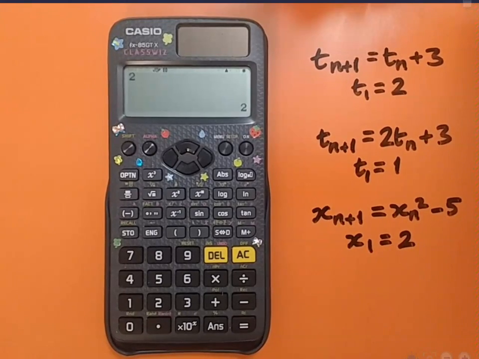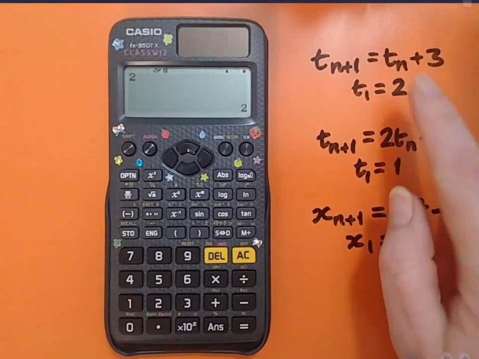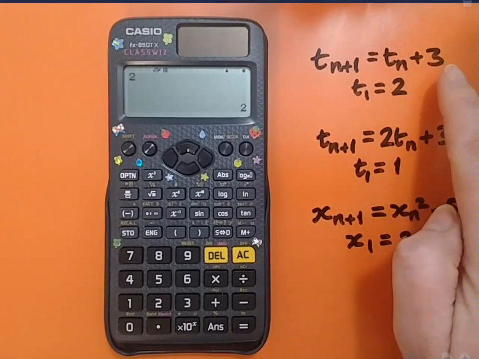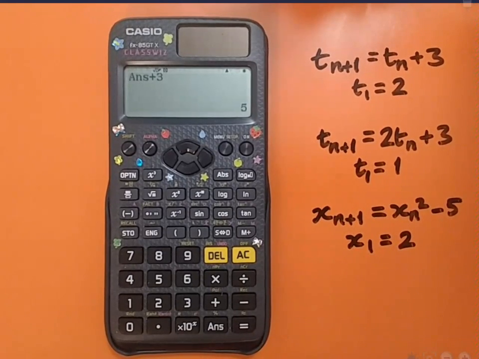And then when we press ans, it's going to call up that 2. So for this recurrence relation part, we need to take the current term and add 3 to it. So our current term is this 2 that we've just saved in the memory. And if we press ANS, that brings it up. And we add 3 to it, press equals, and there's the second term.